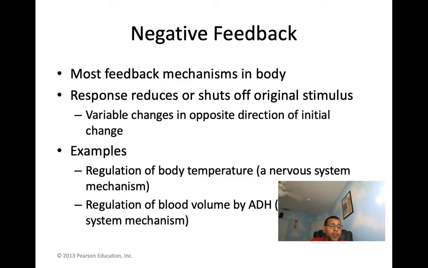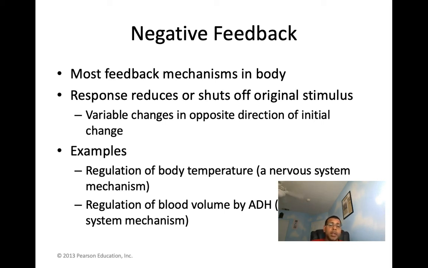Let's talk about negative feedback mechanisms. When we talk about negative feedback mechanisms, I want you guys to know first that most homeostatic control mechanisms in our body function as negative feedback.